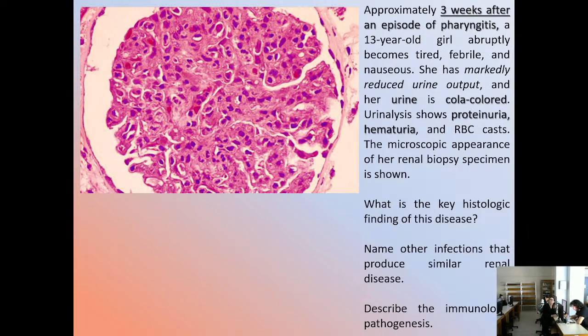So it looks like a nephritic syndrome, and we have this biopsy, see the cellularity. So what do we expect so that the diagnosis is confirmed? We expect the granular IgG depositions in the affected areas, in the affected glomeruli.